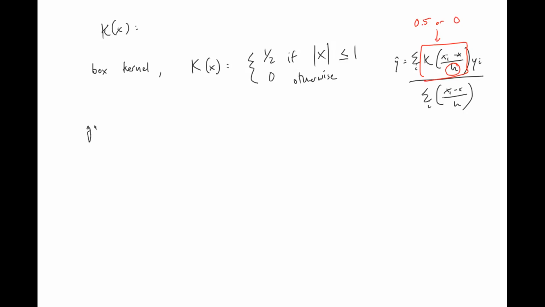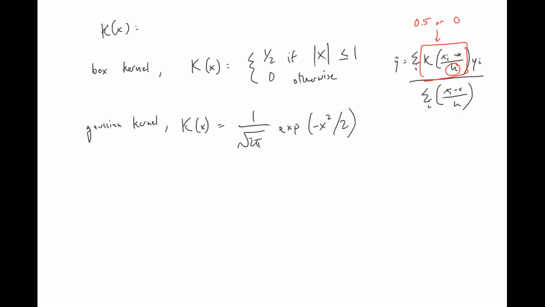We've got a Gaussian kernel, and that looks something like k of x is equal to 1 over root 2 pi exp negative x squared over 2.